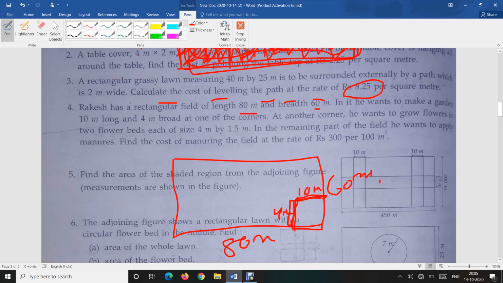At another corner, suppose at this corner, he wants to grow flowers in 2 flower beds, each of size 4 meter by 1.5 meter. There are 2 flower beds, each 4 meter by 1.5 meter. Similarly, in the remaining part of the field he wants to apply manures.